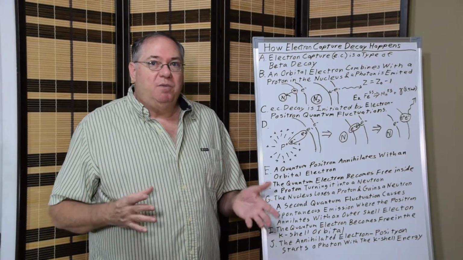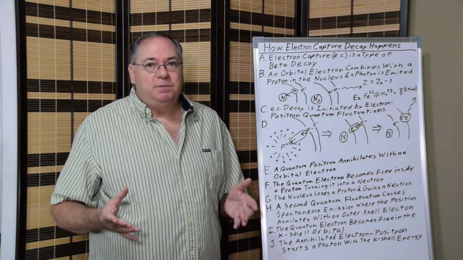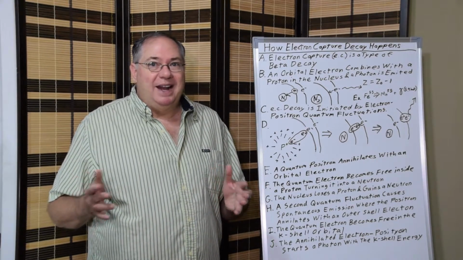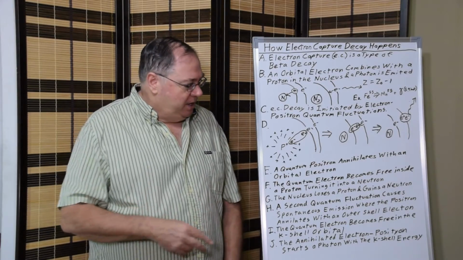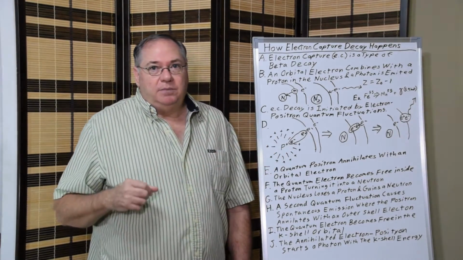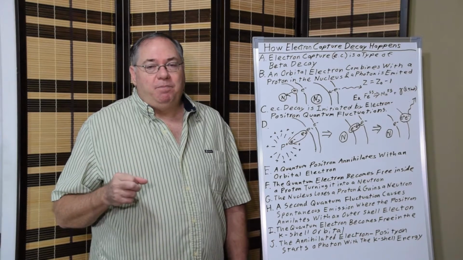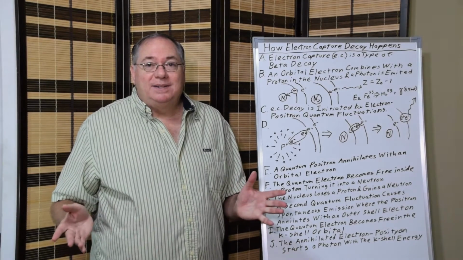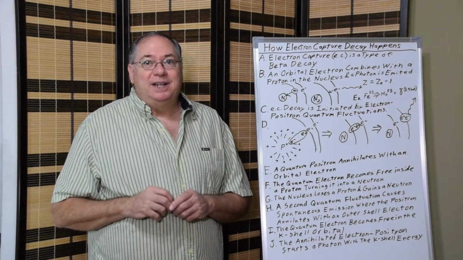So when we're dealing with the energy conservation principles, we have to consider interactions of energy moving in and out of the quantum field, particularly when we're dealing with neutron formation. So anyway, that's how electron capture decay happens.